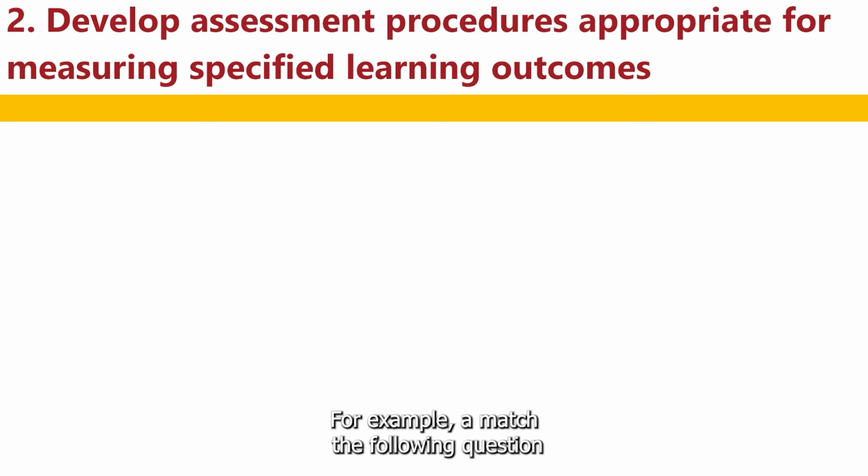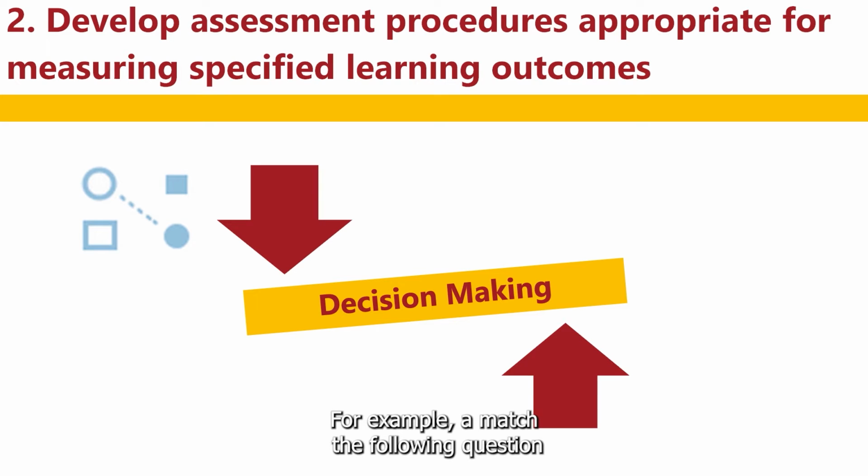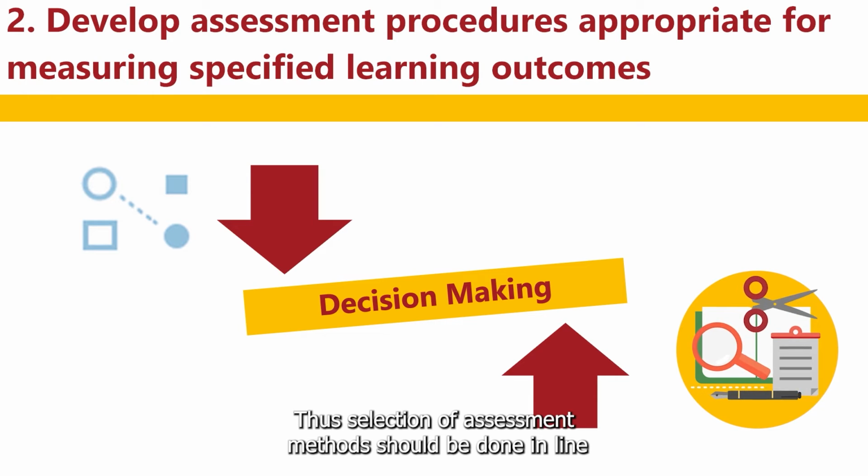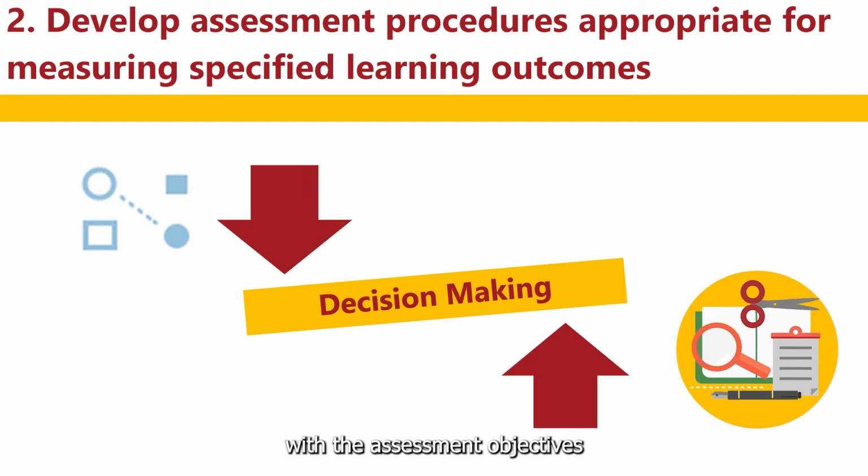For example, a match the following question would not be appropriate to assess decision making. A case study would be better for this specific objective. Thus, selection of assessment methods should be done in line with the assessment objectives.